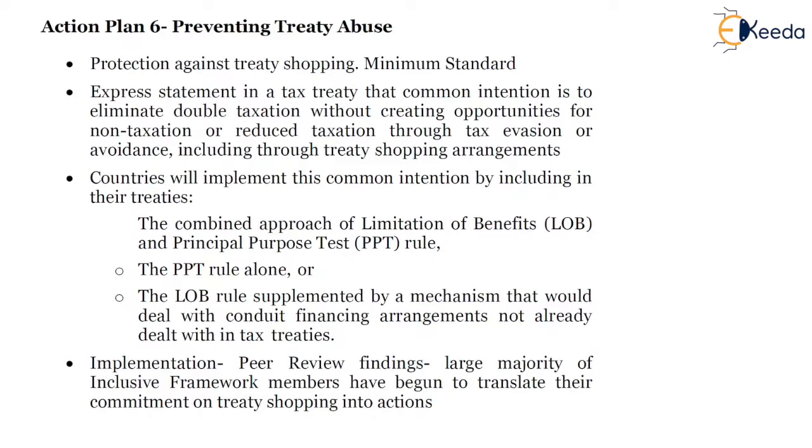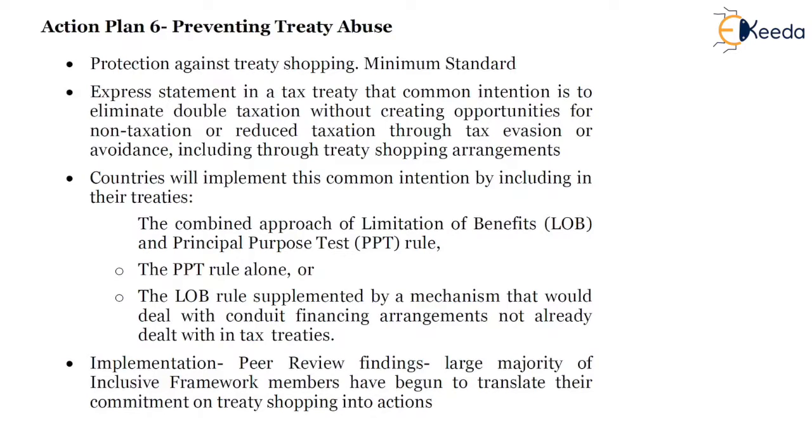So you can say that a transaction has been structured in such a way only to obtain benefit under a treaty, only to obtain a treaty benefit. And this is another term for treaty shopping, or you can say treaty abuse, wherein everything has been done legally, but this transaction has been structured in such a way that maximum benefit can be obtained by the MNC company.